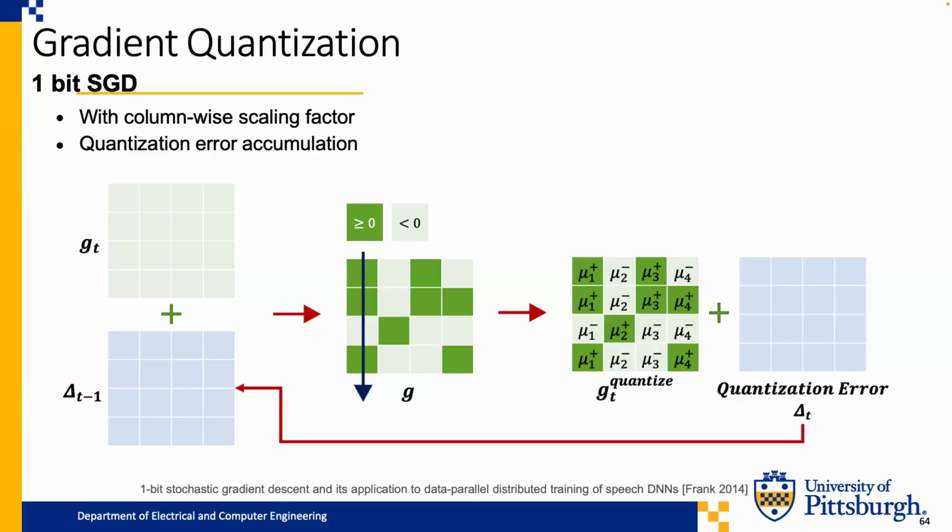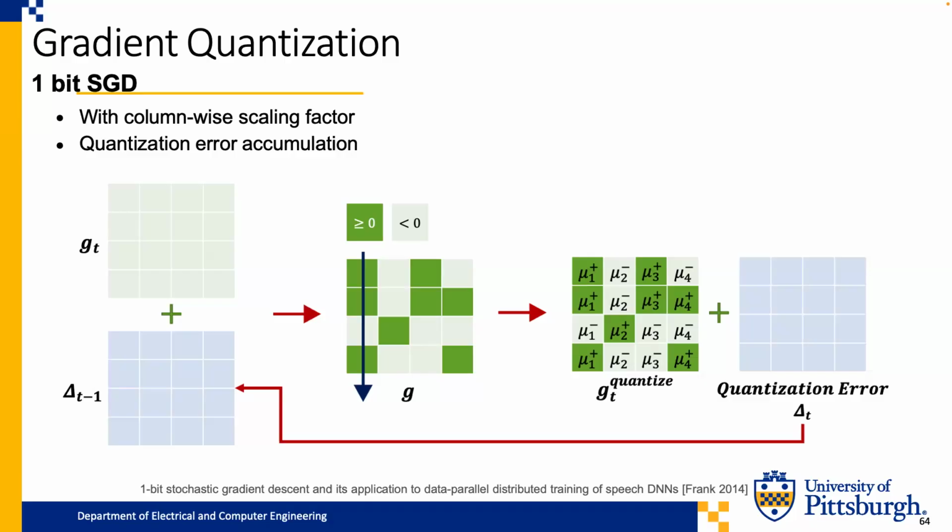This one is doing a column-wise scaling factor. What that means is that for each column, we have one scaling factor: mu1, mu2, mu3, and mu4. So basically, the original gradient matrix becomes a codebook. Each column has one number, so we have a codebook of 4 numbers. Does that make sense? And each number, depending on whether it is positive or negative, becomes 1 or 0.